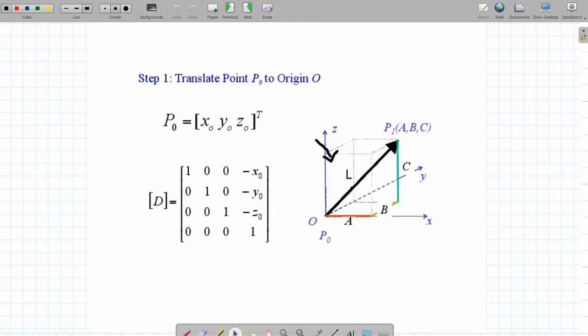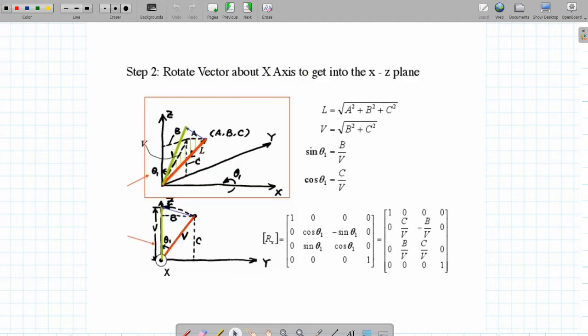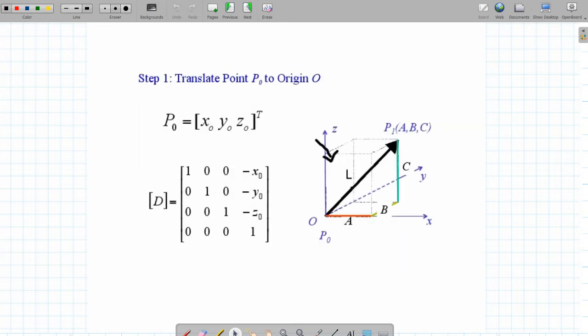This distance is L, right? And can you figure out this vertical distance?